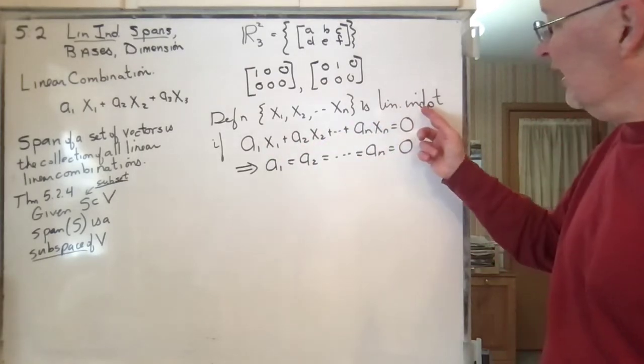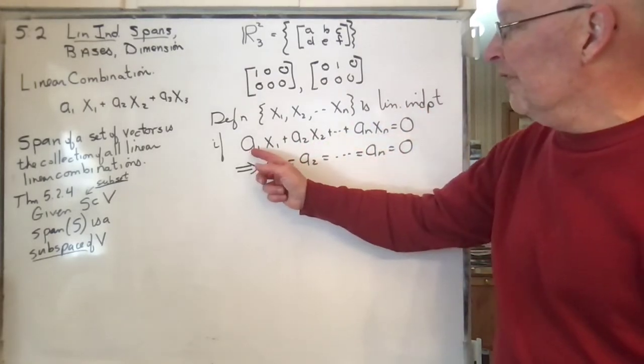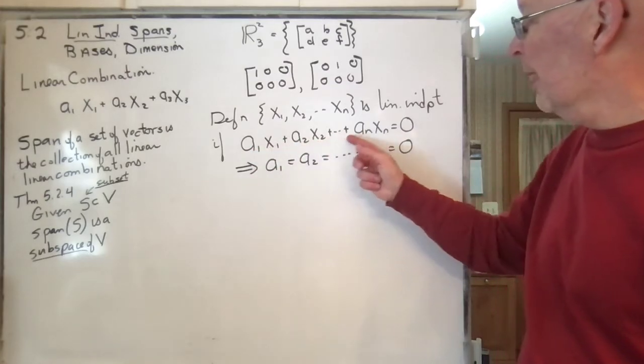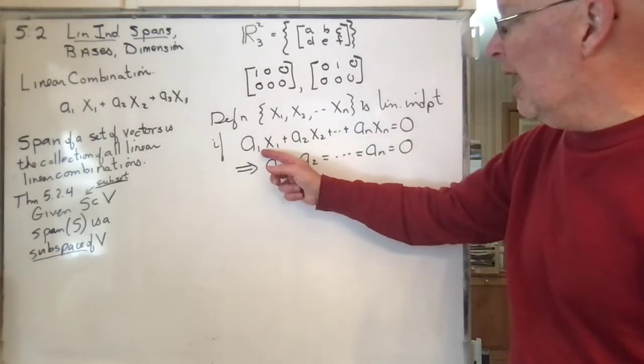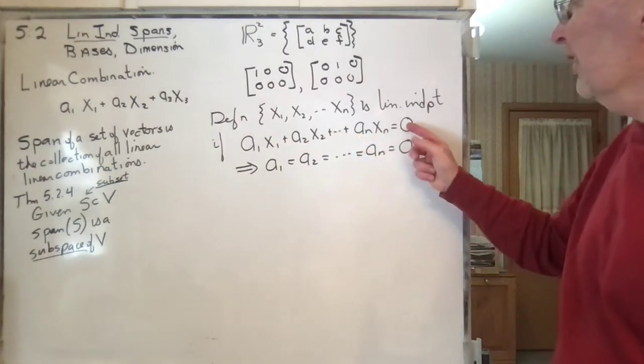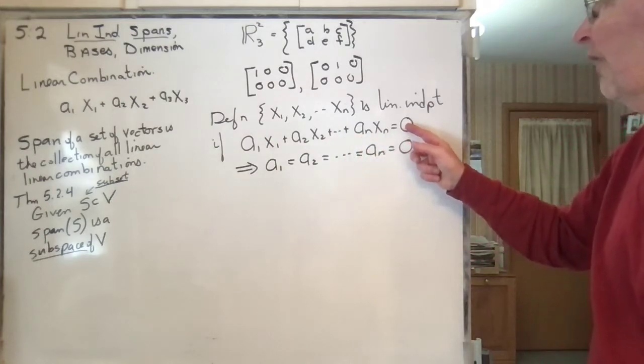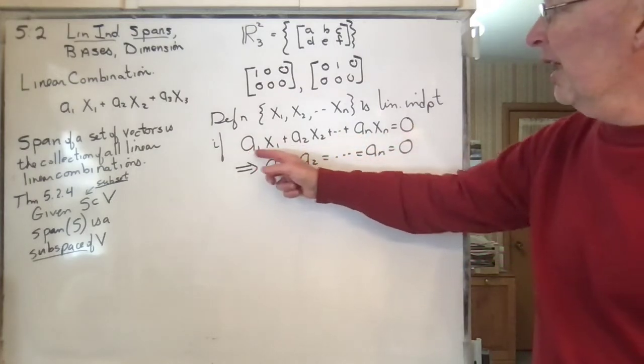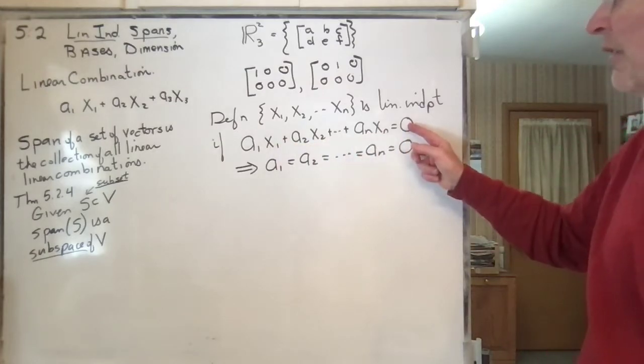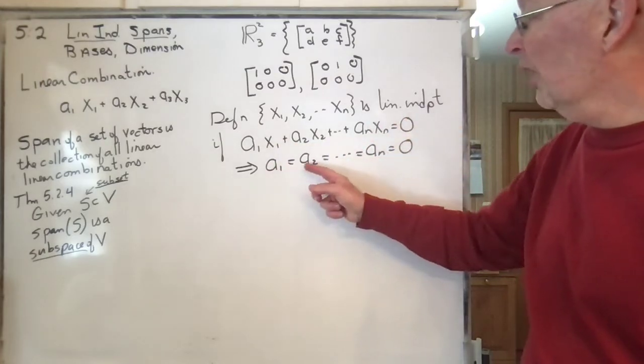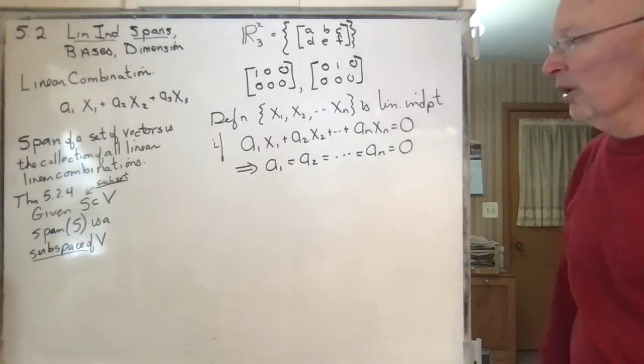They're linearly independent if the only way that a linear combination of those things can be zero, the zero vector, the only way that those things can add up to the zero vector is if each one of those constants is zero. Okay?